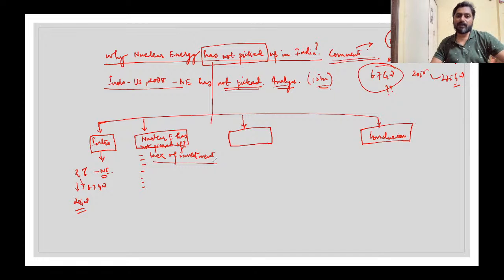India has quite a lot of thorium, but thorium cannot be used directly in a nuclear reactor. It has to be converted into some other form, then only it can be used as a fuel. So he designed what is called India's three-stage nuclear program.